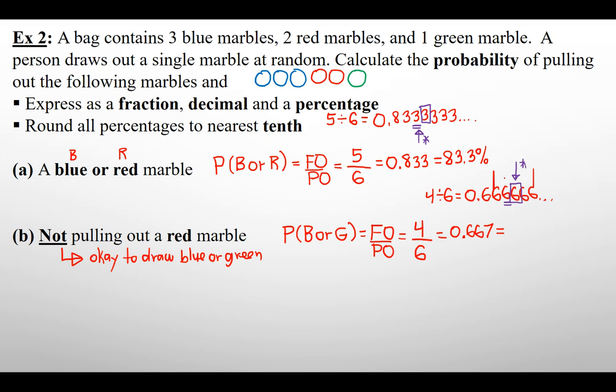And if you multiply by 100 to convert it into a percentage, it would then be 66.7%. That allows me to get the percentage to the nearest tenth of a decimal. This is more of an issue if you got a repeating decimal. If you got a terminating decimal, then you don't really need to worry about this.